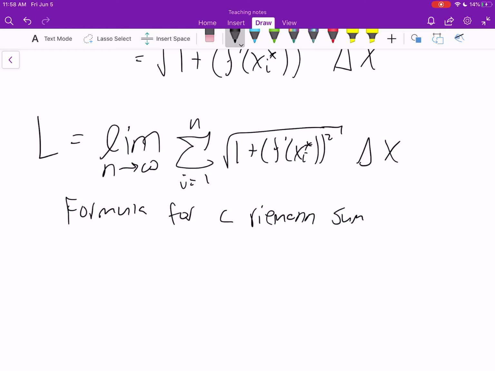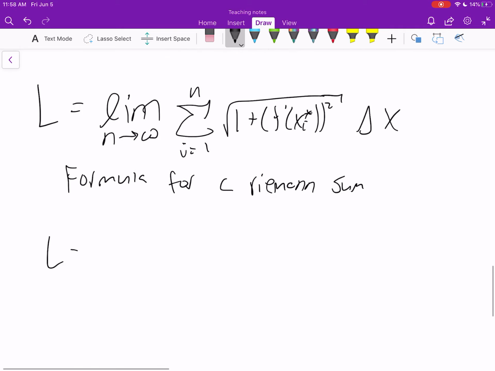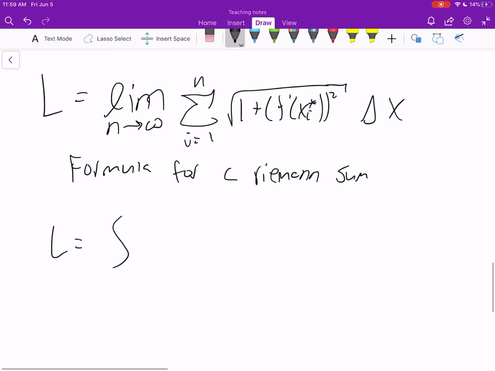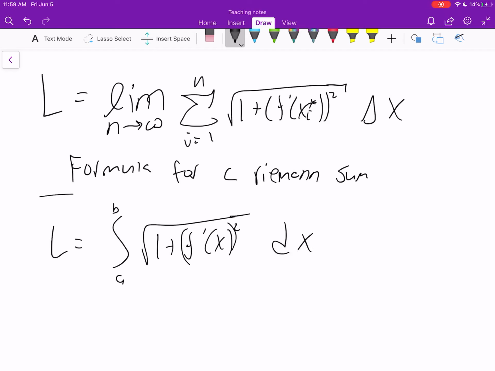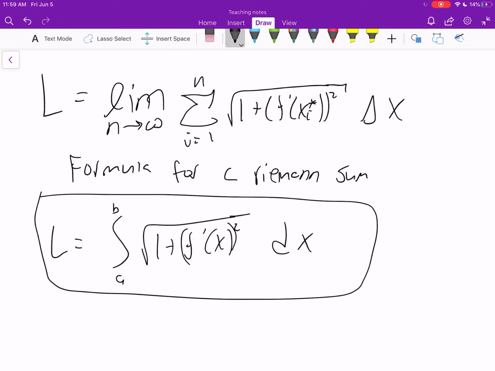And when I take that limit, I'm going to get that the length is the integral over the entire interval I'm working on, square root of 1 plus f prime of x squared dx. And this is going to be my arc length formula.